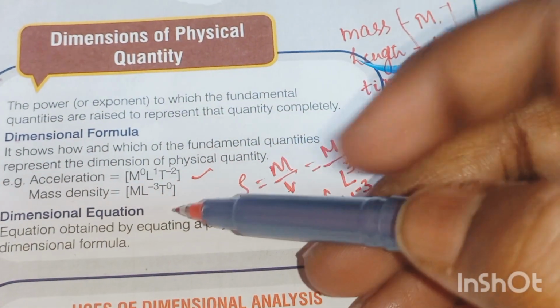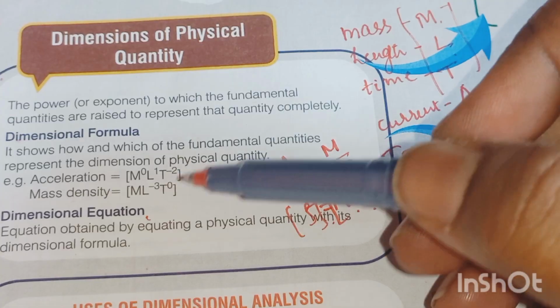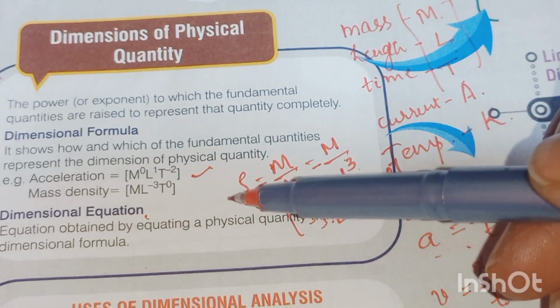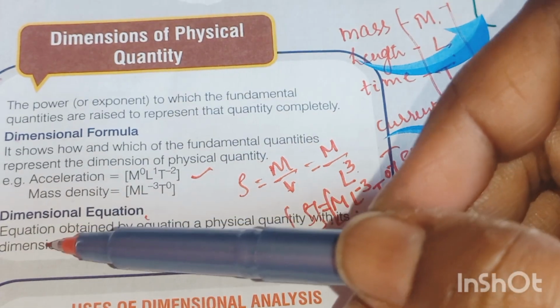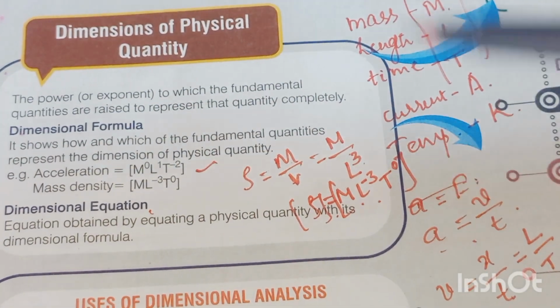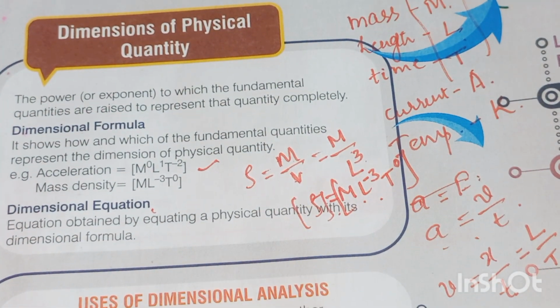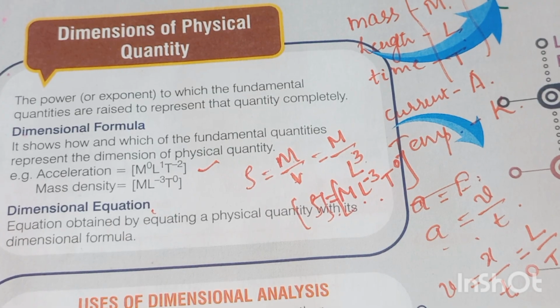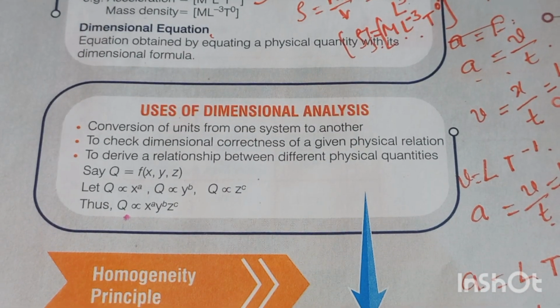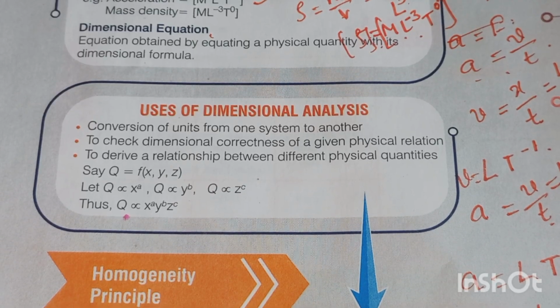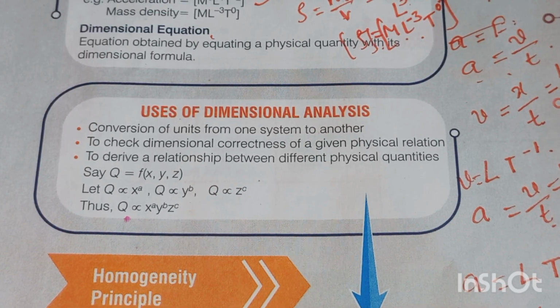Then the definition of the equation: the equation obtained by equating the physical quantity with its dimensional formula is known as the dimensional equation. So where is it used? Uses of dimensional analysis. There are 3 uses of dimensions.